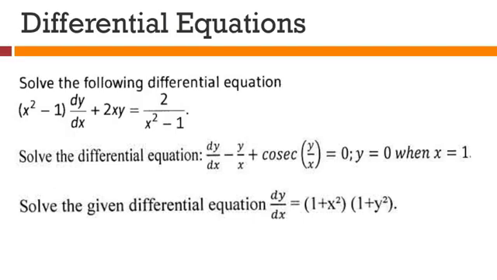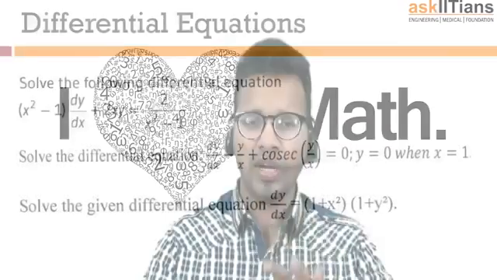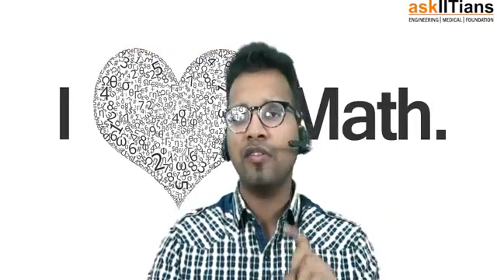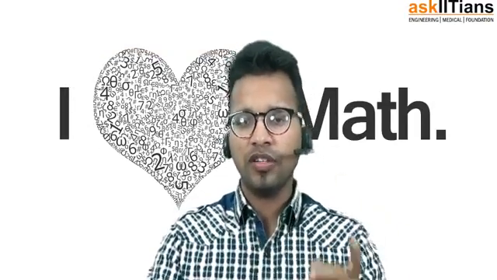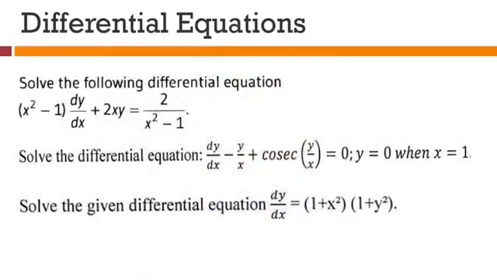This is one of the questions I brought, a previous year question only. Similar to this you will get questions where you have to transfer terms from one side to another. It will not be a simple linear differential equation. You have to transpose the terms from right to left or something like that. The second question, like I told you, is a homogeneous equation.